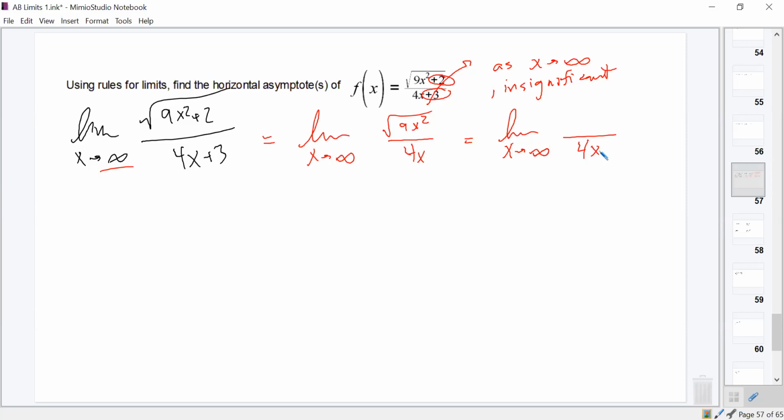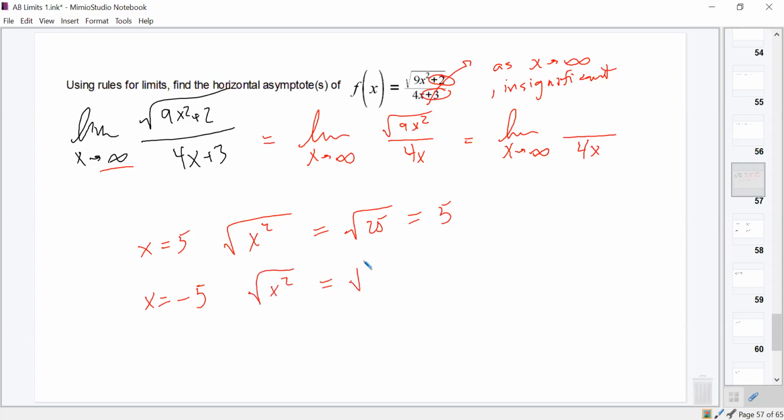Let me ask you this question. Suppose x is equal to 5. What's the square root of x squared equal to? Well, it's the square root of 25, which is 5. That's great. Suppose that x is equal to negative 5. Well, what's the square root of x squared equal to?